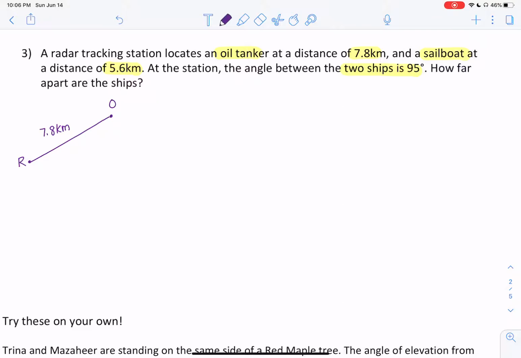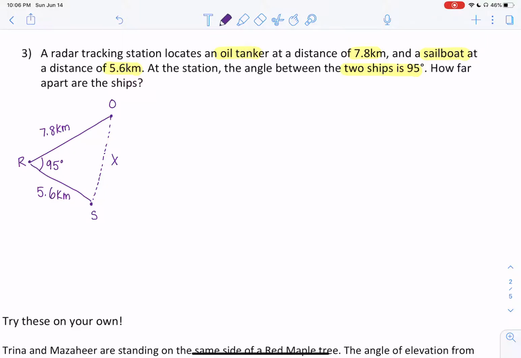And then we have a sailboat, which is 5.6 kilometers away. Sorry, that line was not even close to straight. That's not much better, but what can you do? And we're looking for the distance in between the two ships. So we're looking for this distance here, and I'm just going to call that x. And the other piece of information is that these are 95 degrees apart.